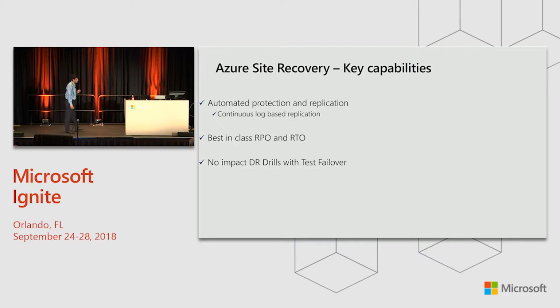Due to this continuous log-based replication, you get best-in-class RPO and RTOs. The second most important feature is being able to do your DR drill, which is required for your compliance, without having any impact on your production systems. That's another reason why Azure Site Recovery is very important, because it allows you to do a test failover, which I just triggered, without having any impact on your production site.